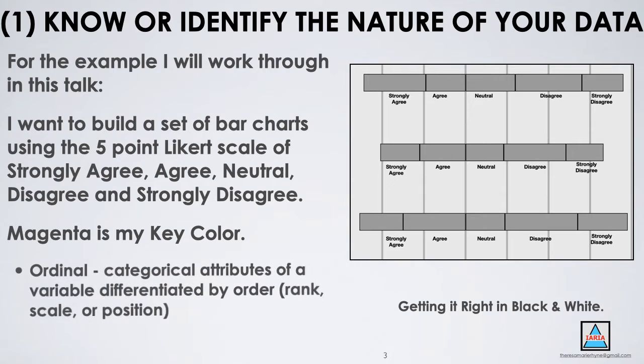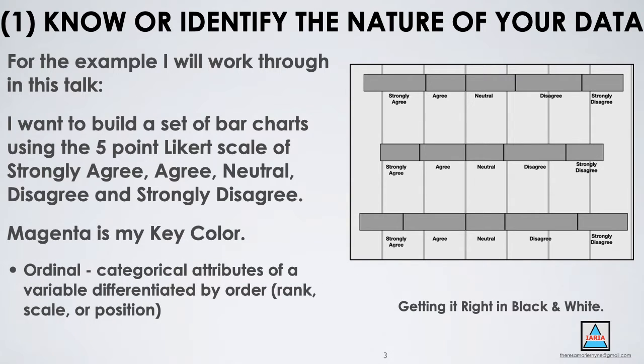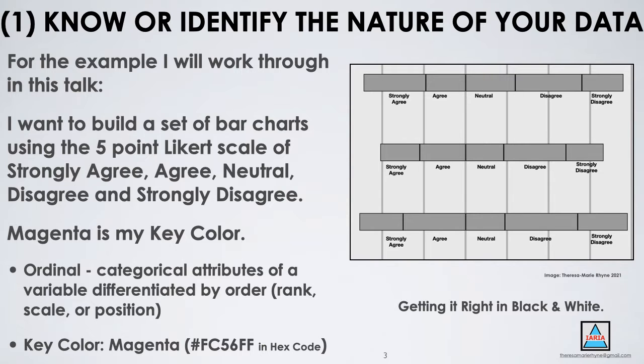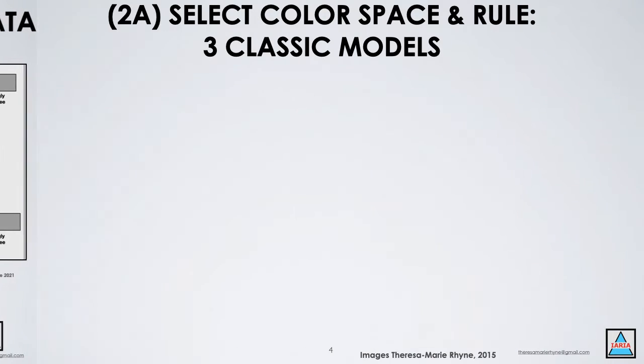We're going to go a little pink. So I'm going to have an ordinal with categorical attributes of a variable differentiated by order, rank, scale, position. That's what this type of data is classified as. And my magenta color is very precise. It's FC56FF, which you can check and Google for me if you want to while I'm talking to you.